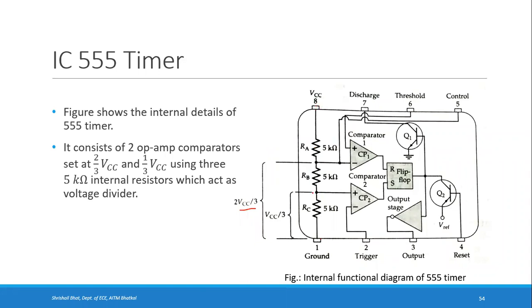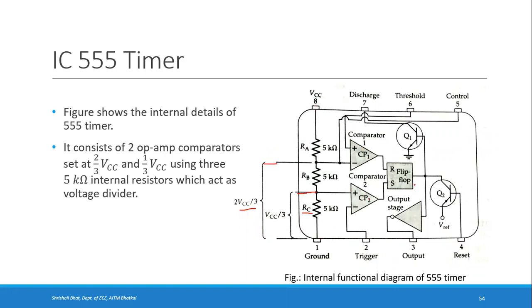If you measure the voltage at this particular node to ground, this voltage is the voltage across RC, that is VCC by 3. If you measure the voltage from the node above to ground, it is VCC by 3 plus VCC by 3, that's why it is 2 VCC by 3, right? So this comparator will compare the voltage with 2 VCC by 3. For the other comparator, one of the inputs is VCC by 3, so it will compare the voltage with VCC by 3.